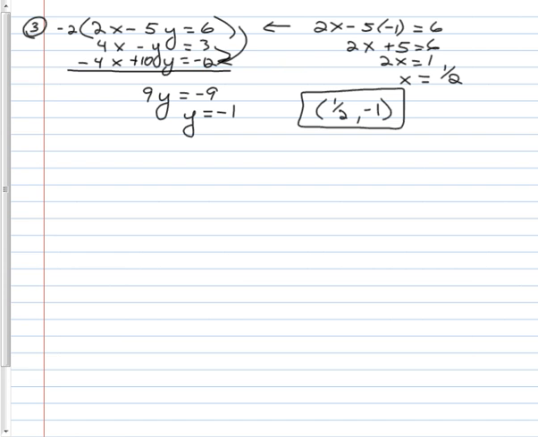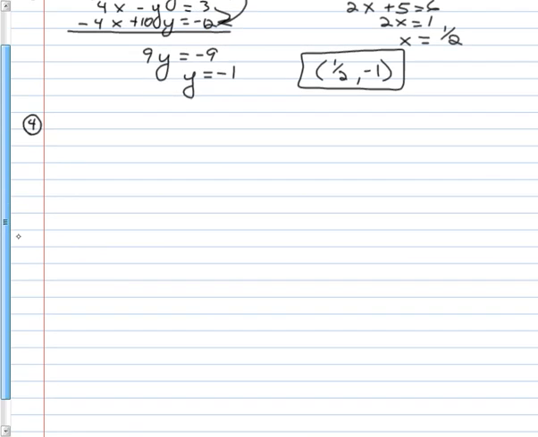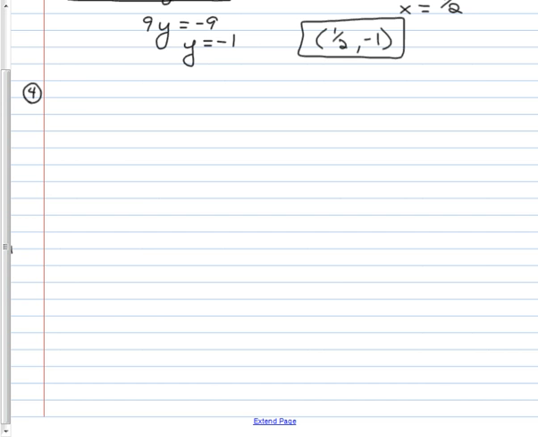Number 4. Find the inverse of this matrix. Now, when you have a 2x2 system, I want you to demonstrate to me that you can, by hand, find the inverse. You want to check your answer by calculator, see if you did it right, and if you did it wrong, go back and do it by hand the right way. All right.